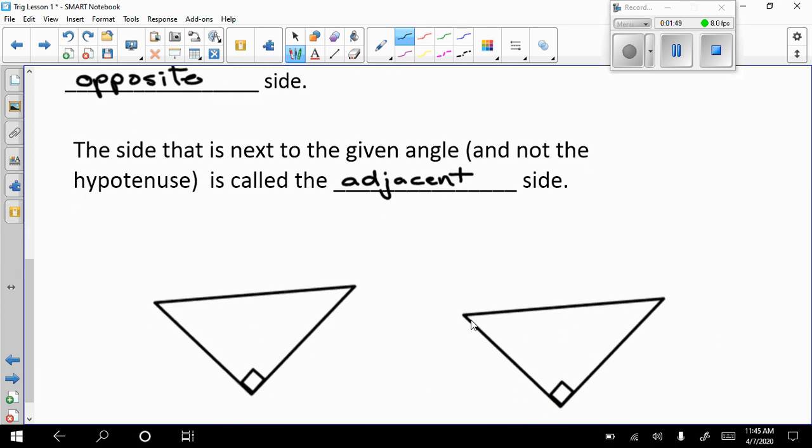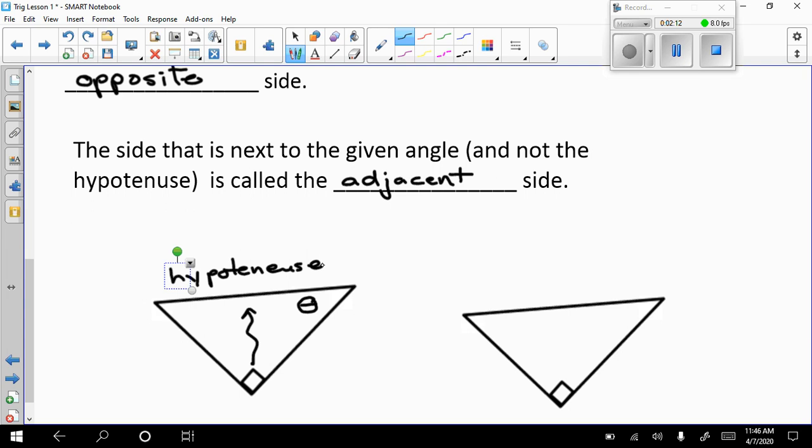All right, so let's look at these two triangles. And let's say we are interested in this angle right here in the triangle, and we now want to label the sides. So we always start by labeling the hypotenuse because it's the side opposite the right angle. So there it is. I'm going to label that side the hypotenuse.